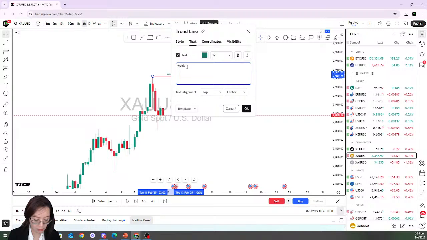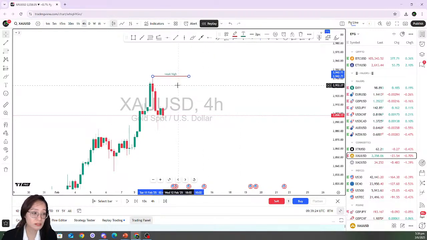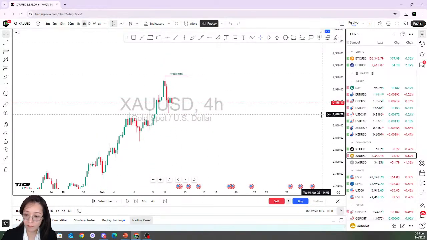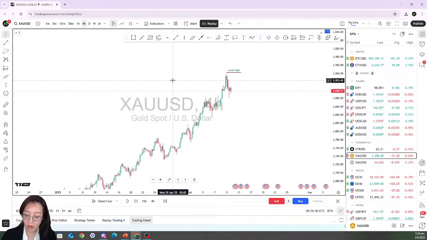Okay, weak high. Why? Because this only has one swing, only one touch. You see that on the left there is nothing.